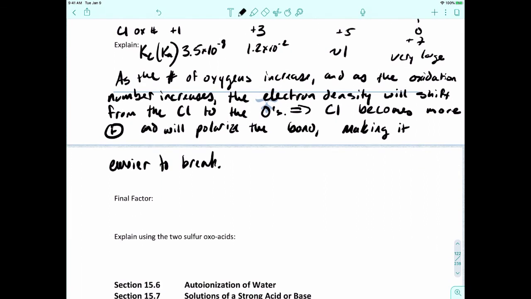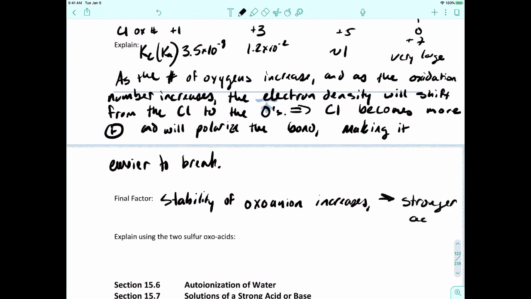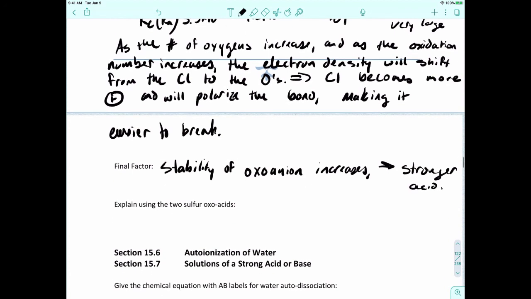Okay, so the final factor that we're looking at is also this: the stability. As the stability of the oxoanion increases, it becomes a stronger acid. Okay.